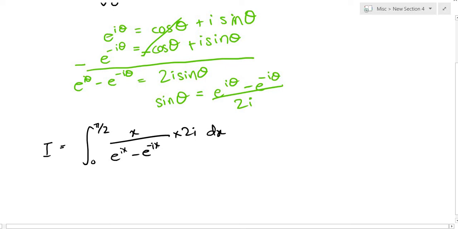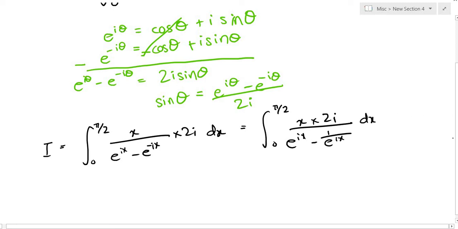Now I don't really like these negative exponents, so we can convert them into positive exponents as follows. With x times 2i divided by e raised to ix minus 1 over e raised to ix dx, obviously.